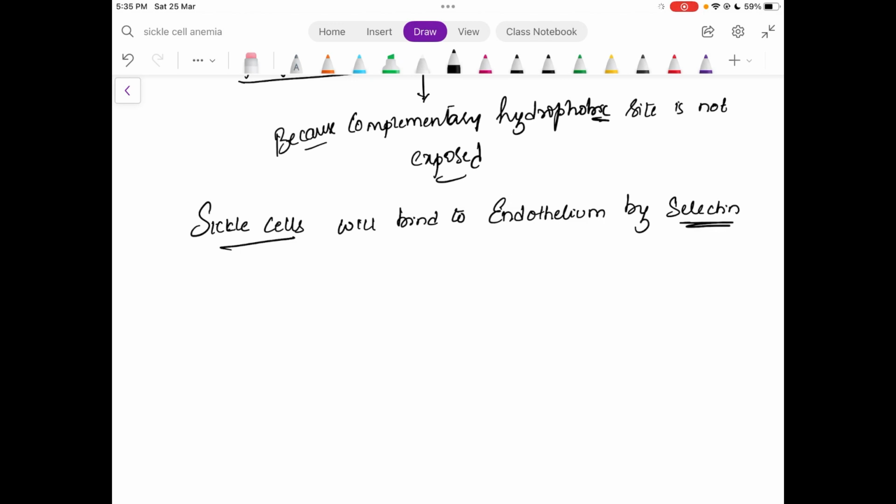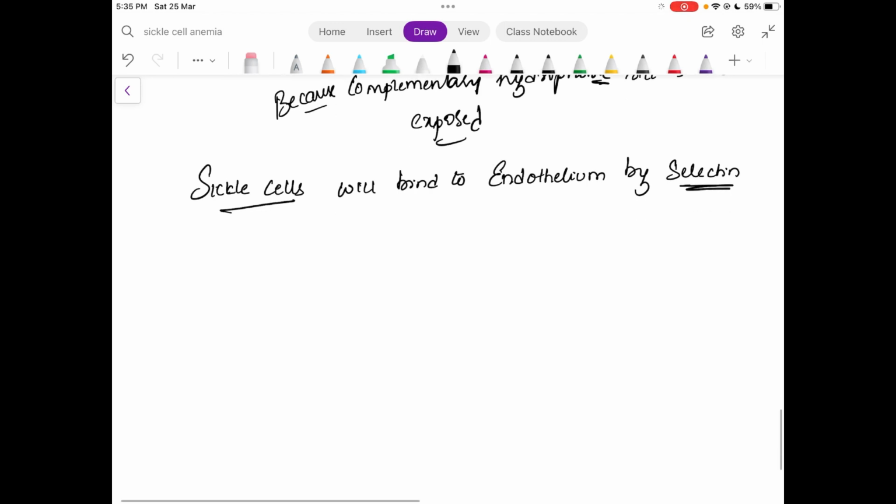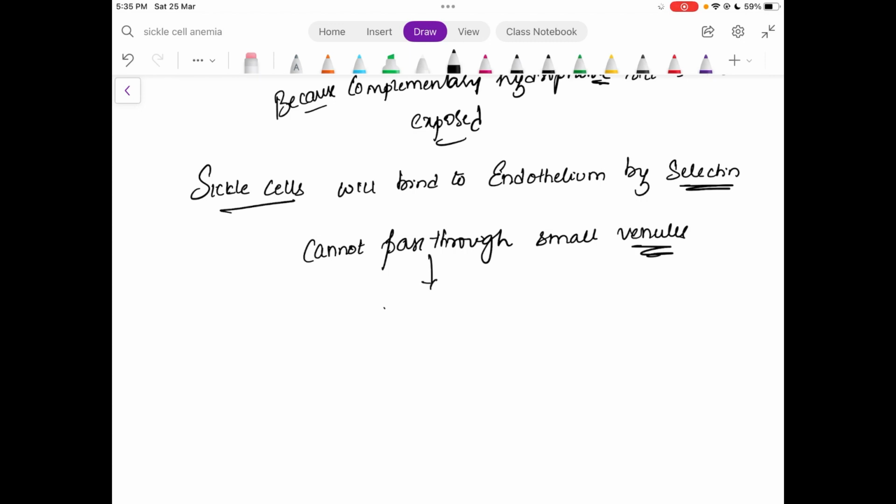So they will bind with the endothelium, and these sickle cells cannot pass through small venules, and they will cause vaso-occlusion.